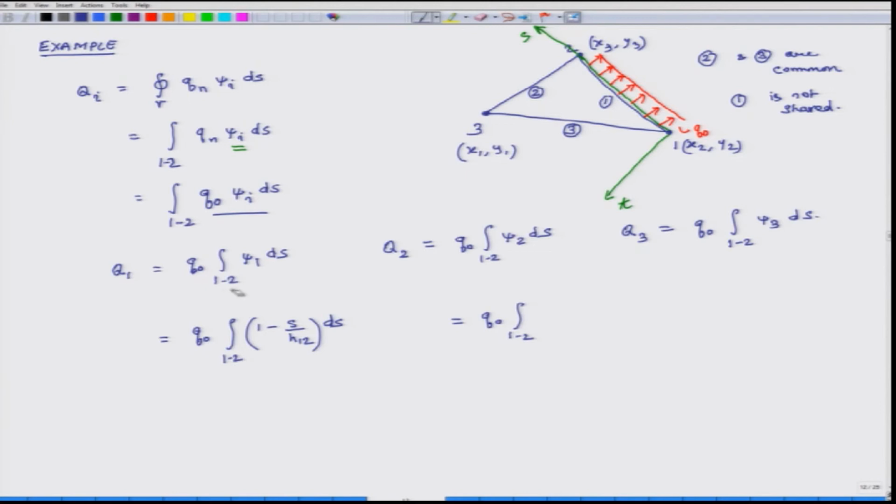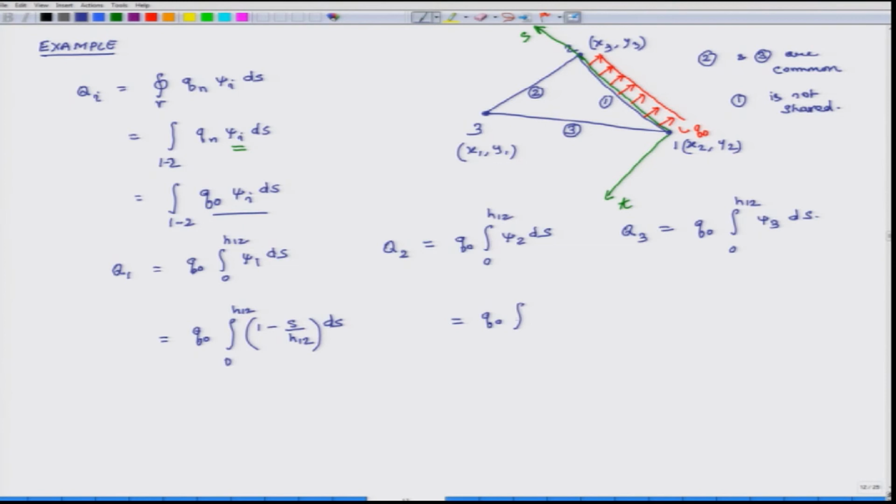So, I should replace these 1 to 2 by what? This 1 to 2 represents the global coordinate system. Now, I am in the local coordinate system. So, I just integrate from 0 to h12, where h12 is the length of side 1 2.